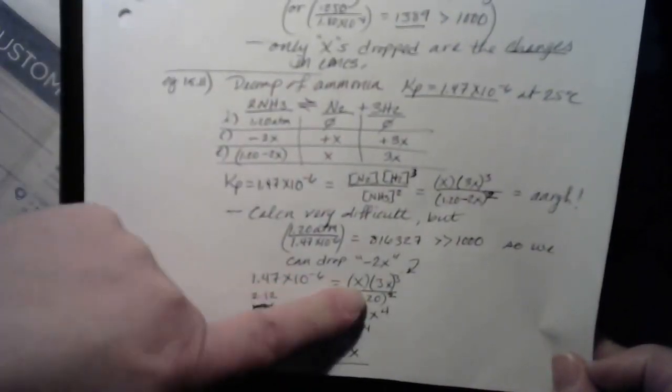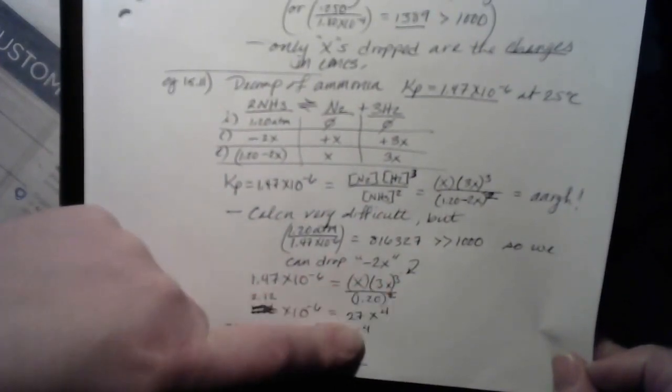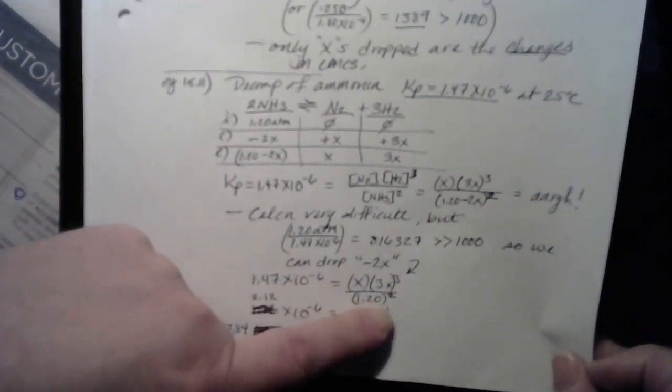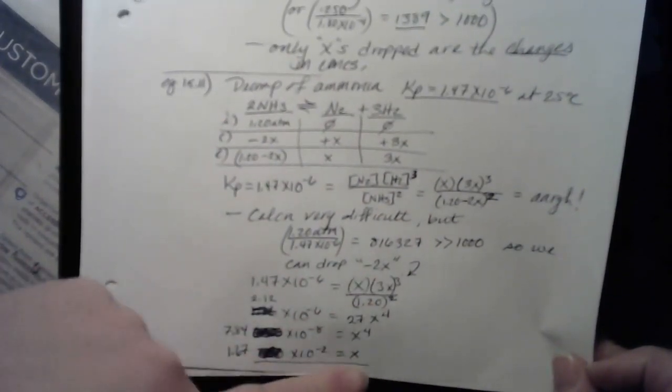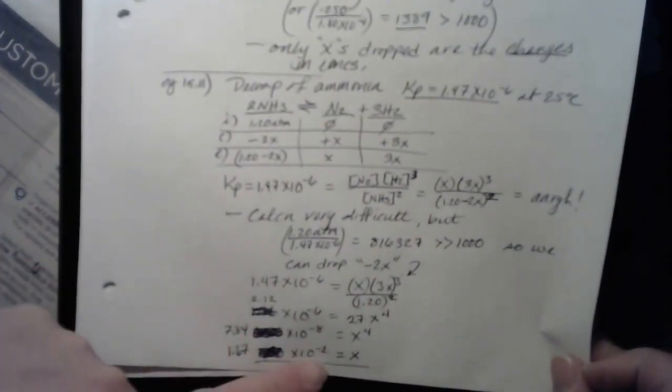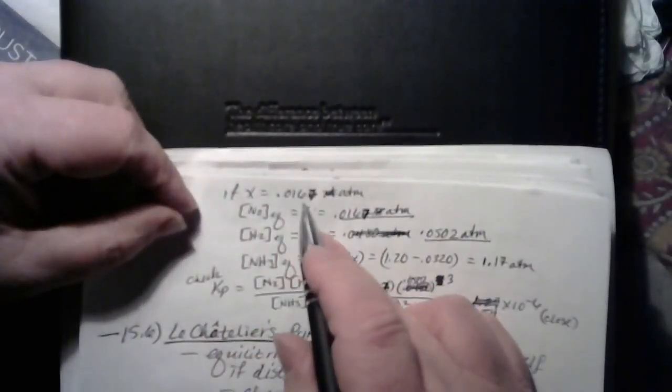The equilibrium constant is equal to x times 3x to the third over 1.20 squared. When you run through all of the steps, you get that x is equal to 1.67 times 10 to the minus 2. So this is the correct version of that problem. That means x is 0.0167.